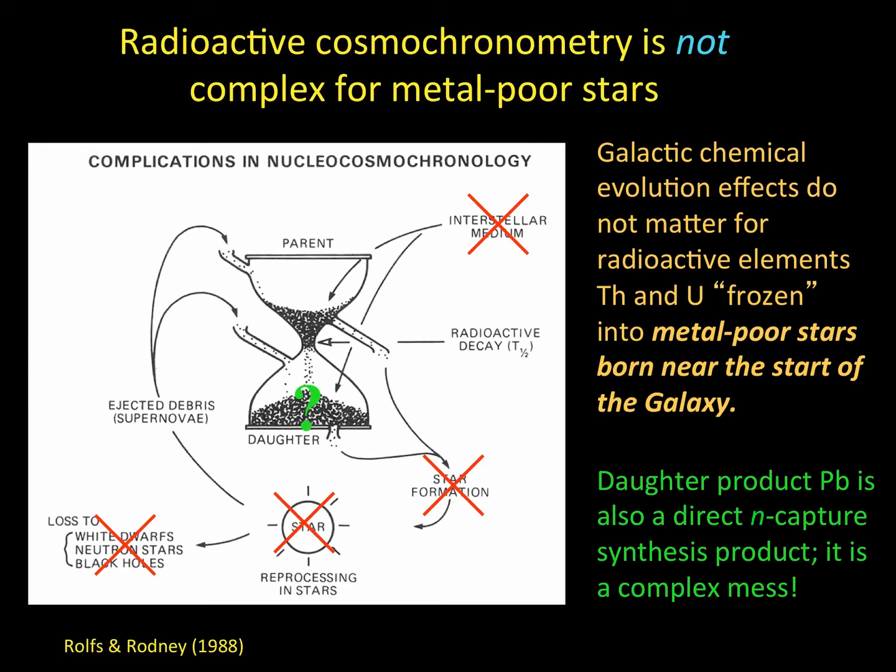Whatever happened, those elements, including the radioactive thorium and uranium, were thrown out into the interstellar medium. They're gathered into the stars that I now see as r-process-rich stars, and nothing else matters. There has been no reprocessing. There are no losses, no new star formation you have to worry about. You don't have to worry about the interstellar medium. It's just the clock ticking. And therefore, in principle, ratios of thorium to uranium can give you a chronometer for the galaxy.